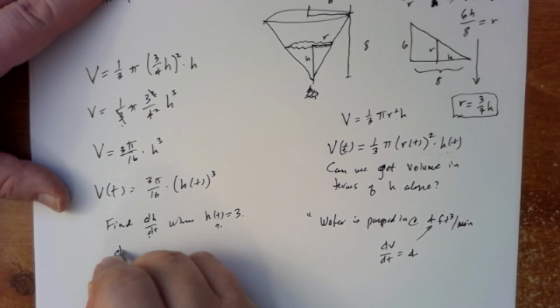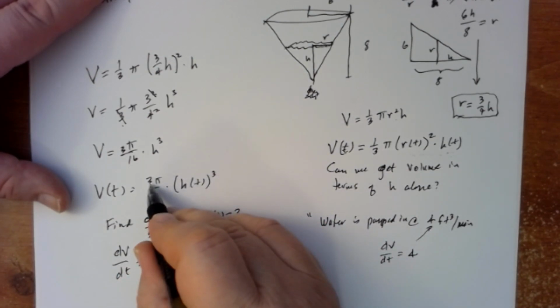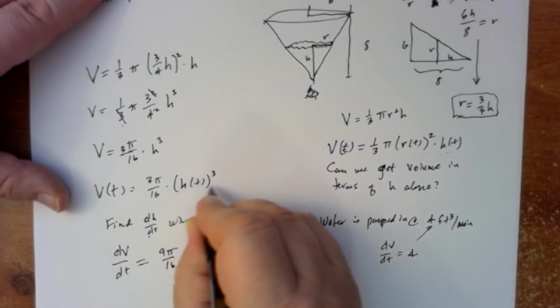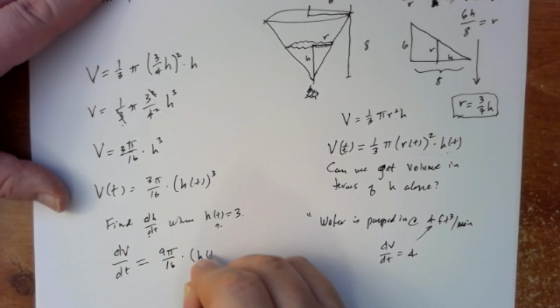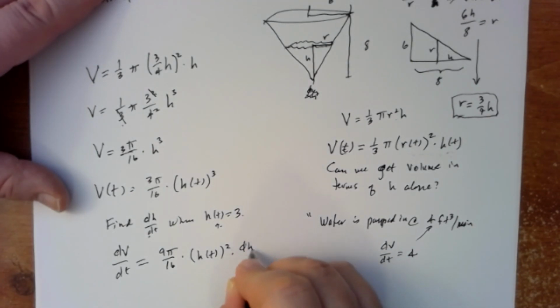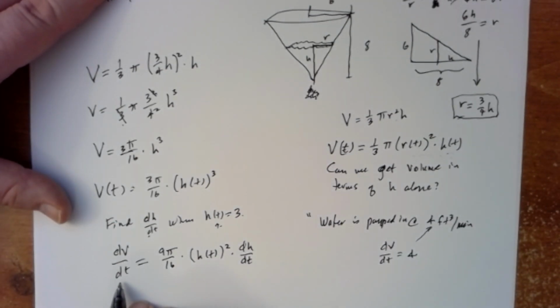So dV over dt is equal to, the 3 comes down, so that'll be 9 pi over 16 times h of t squared, and then we multiply by the derivative of the inside function, which is dh over dt. Or you could say h prime if you want. Now I know that dV over dt is 4, so I'll go ahead and put 4.